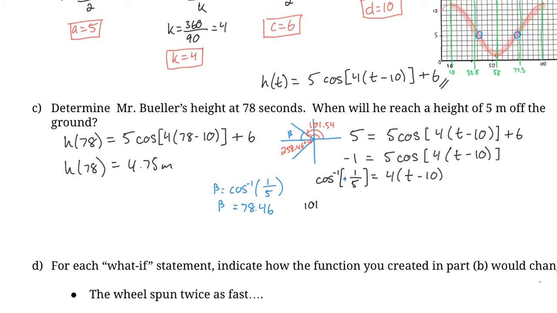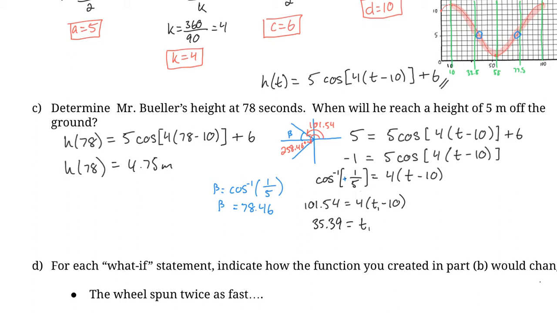So first, 101.54, and we're going to make it equal to 4 times (t minus 10). And now you just need to isolate for t, and when you do that, you're going to get that t is equal to 35.39.